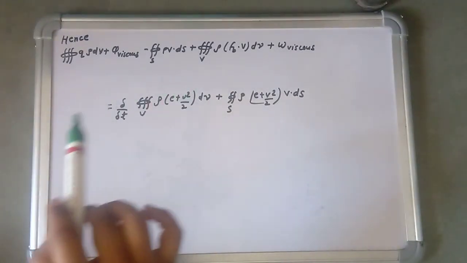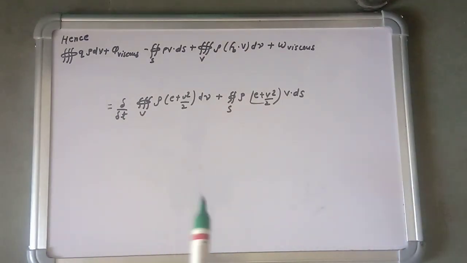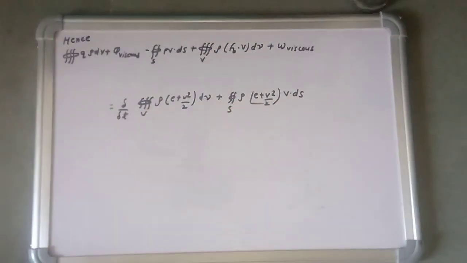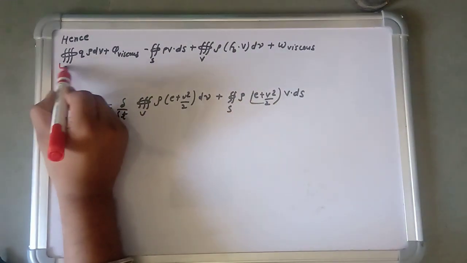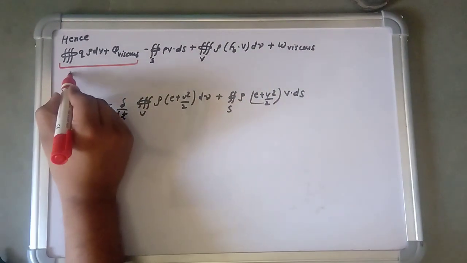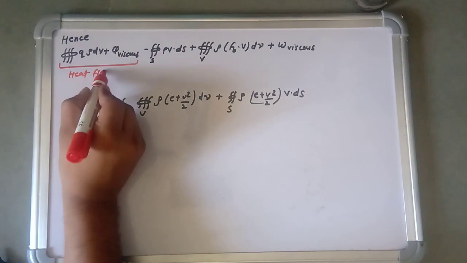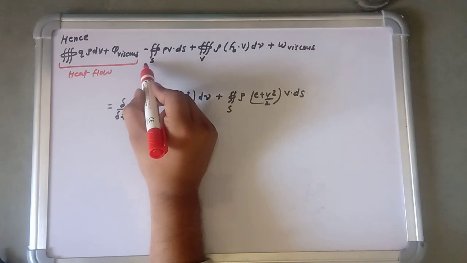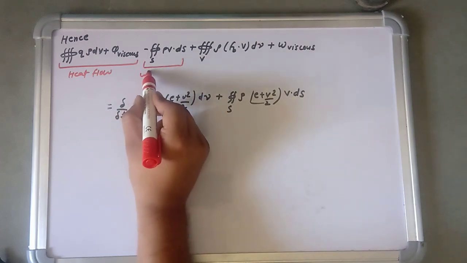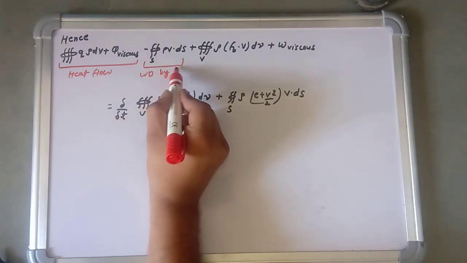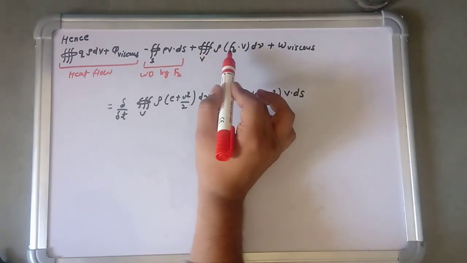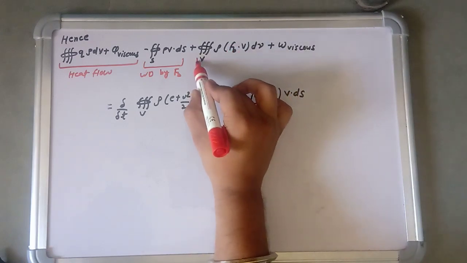After putting all these equations for del q, del w and del E, we find this particular equation. Here in this equation, this is our heat flow, this is the work done by body force, and this term is the work done by the stress tensor.